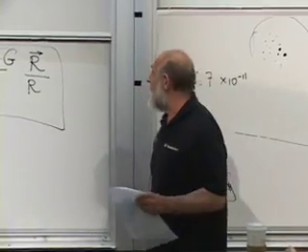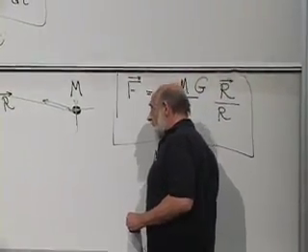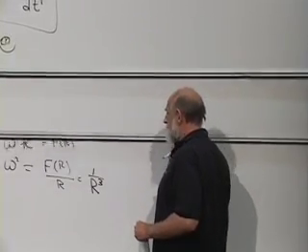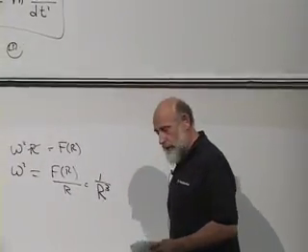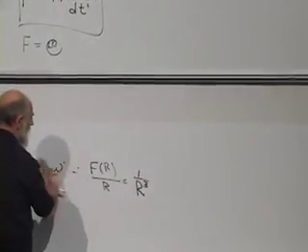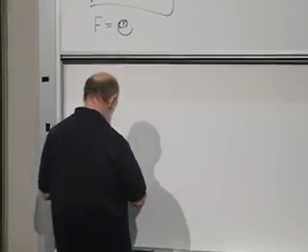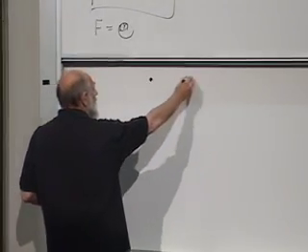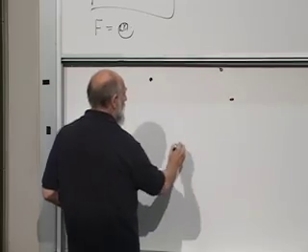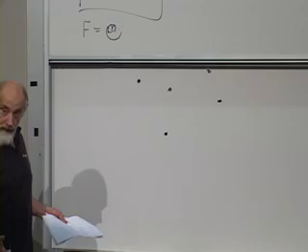Now, let's imagine that we have a whole assembly of particles, a whole bunch of them. They're all exerting forces on one another. In pairs, they exert exactly the force that Newton wrote down.